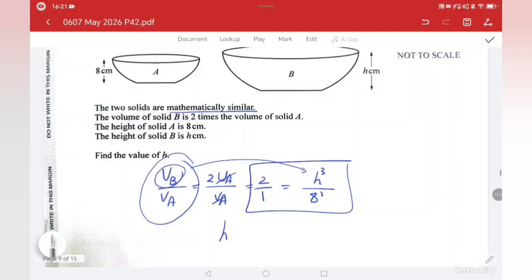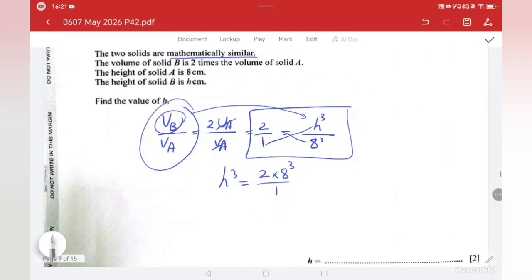So H cubed, cross multiply, it's 2 times 8 cubed over 1. Then this will give you that H equals the cubic root of 2 times 8. Let's use a calculator for this.